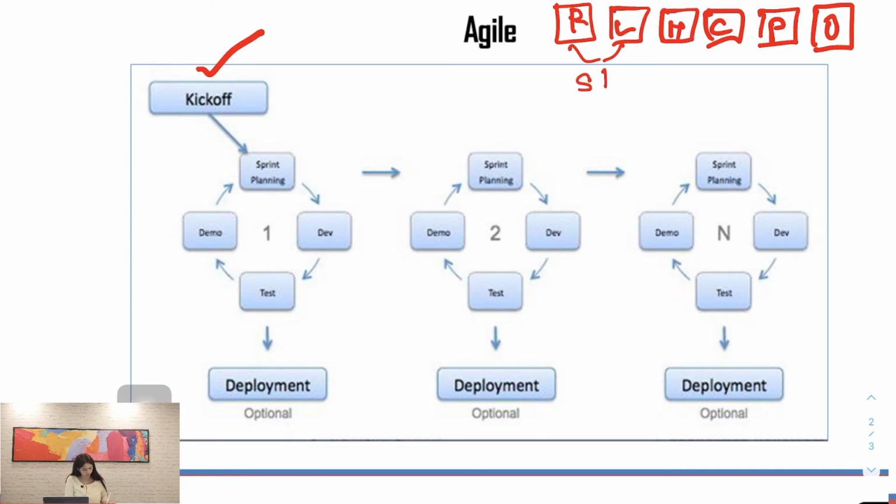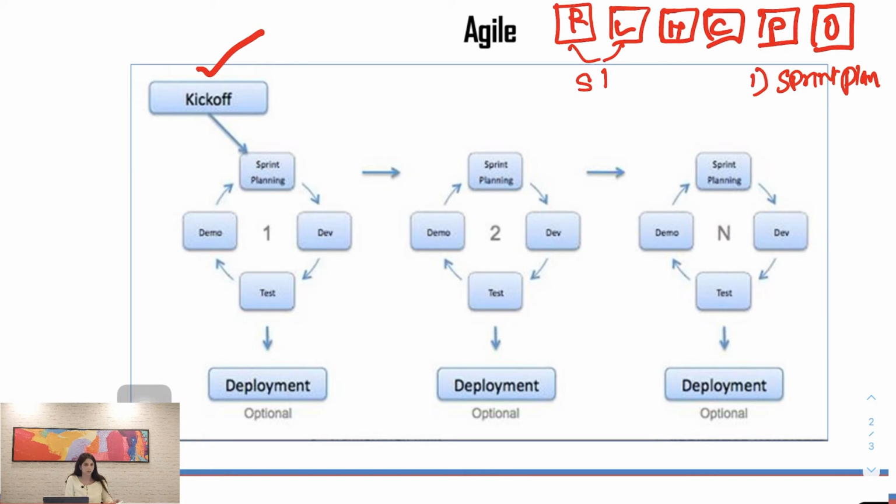In sprint 1 there will be sprint planning. There are different meetings which need to be followed as a part of the Agile workflow model, so we'll talk about them as well. The first meeting is the sprint planning meeting, which happens initially.